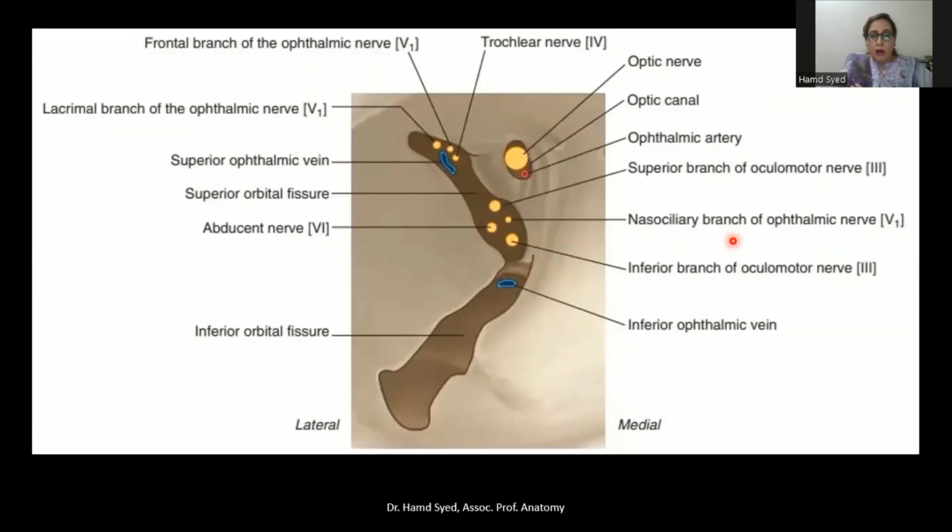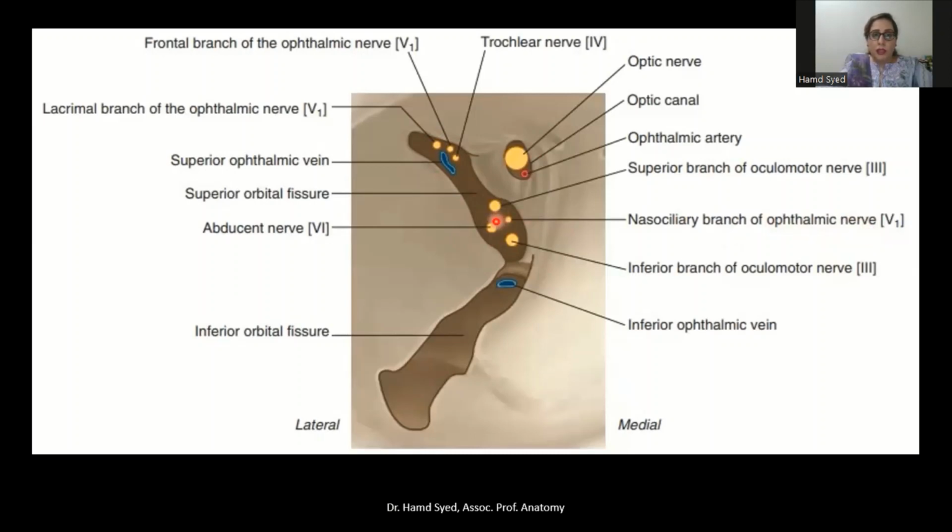So here are the structures now which are passing through these fissures. Like I told you, in the superior orbital fissure, we have the lacrimal, frontal, and nasociliary branches, which are the sensory branches of the ophthalmic nerve, the first branch of the trigeminal or fifth cranial nerve.